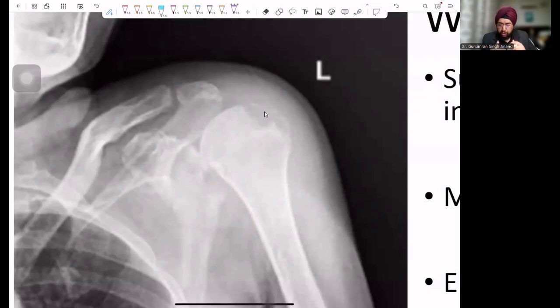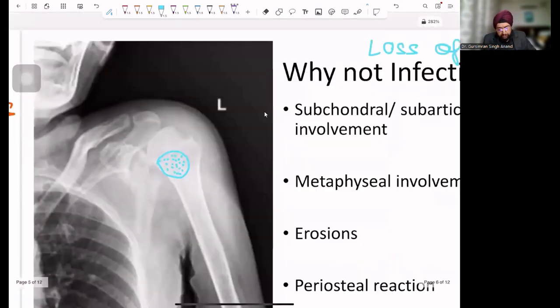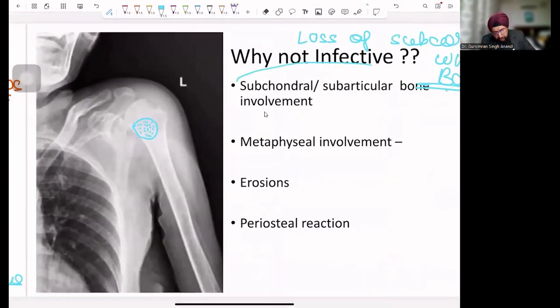Plus, if I wanted to show you a case of infective arthritis, I would have shown you a moss-eaten type of pattern in the metaphyseal region of the humeral head. Now, if you look at the humeral head in this X-ray, it is absolutely normal. There are no areas of osteopenia involving the metaphyseal region. So two important points. Number one, loss of subarticular bone is absent here, so this goes against infective arthritis.